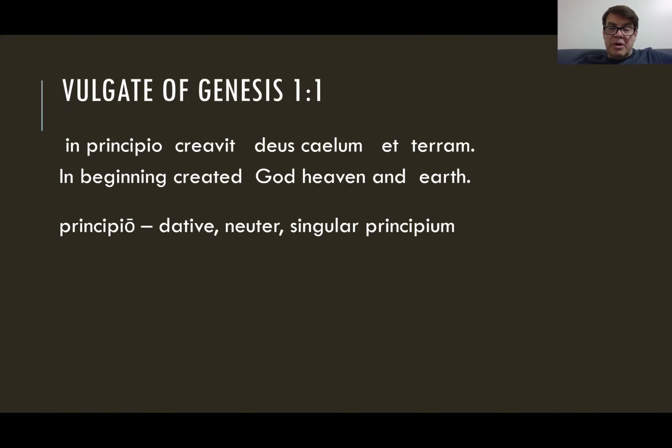Now neuter means, well, it doesn't really mean anything. Dative means, in this case, it's dative because in takes the dative. I think in can also take the accusative in Latin, but when it's with the dative, it basically translates as in.